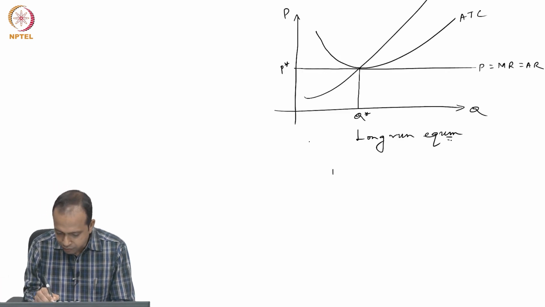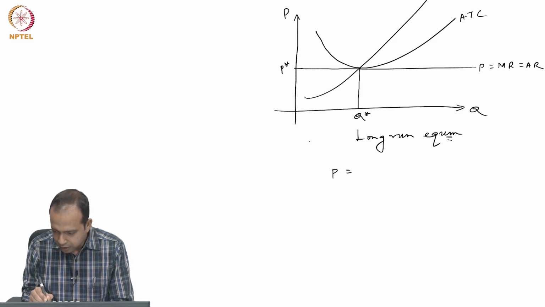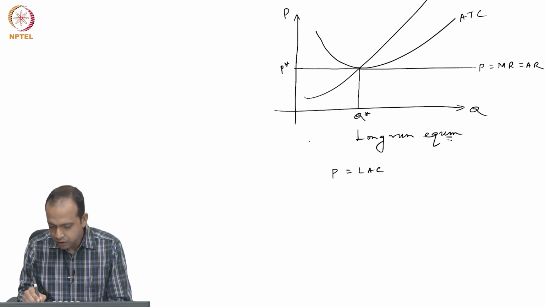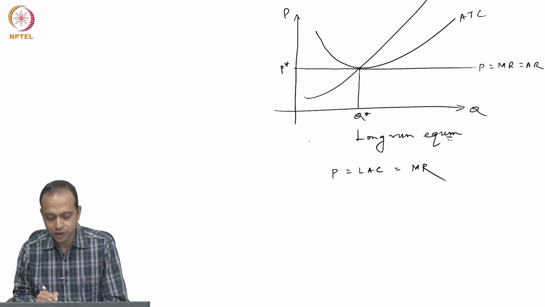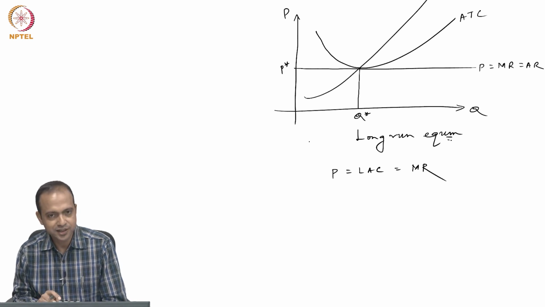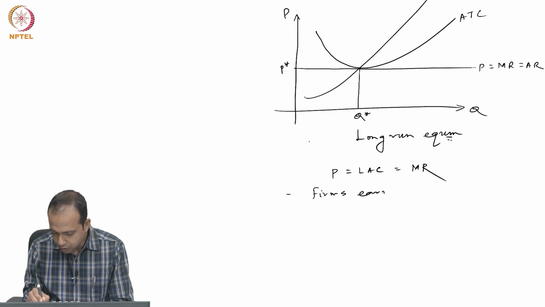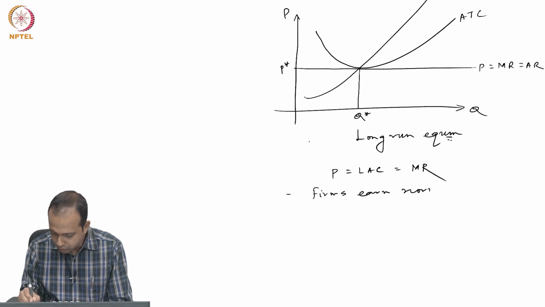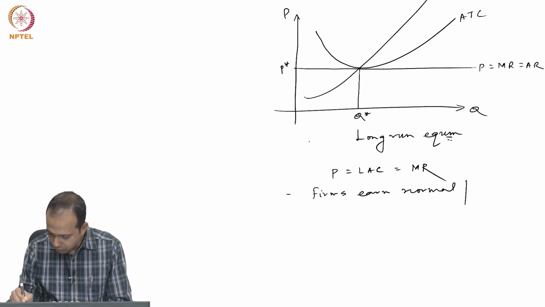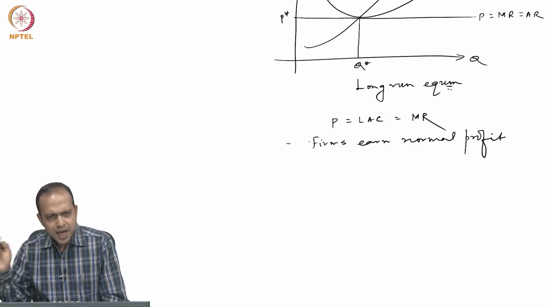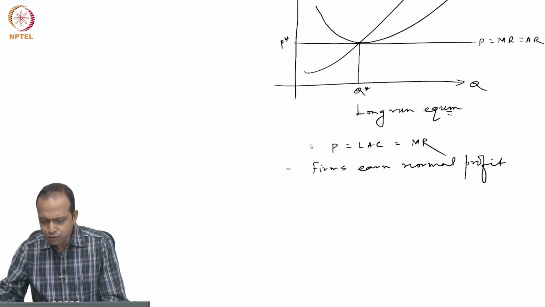Okay. So, this is called long run, I can say that this is the long run average cost curve, P equals to LAC, and firms earn normal profit. Now, I am saying in the long run P equals to LAC.